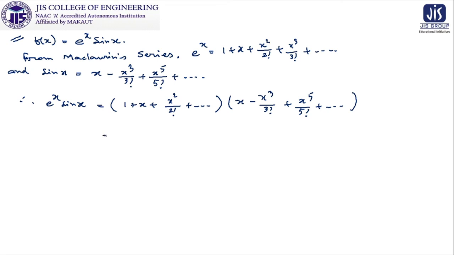Now this product is important, and after that the simplification is important. It will give us x plus x square plus x cube by 3 minus x to the power 5 by 30 and so on.